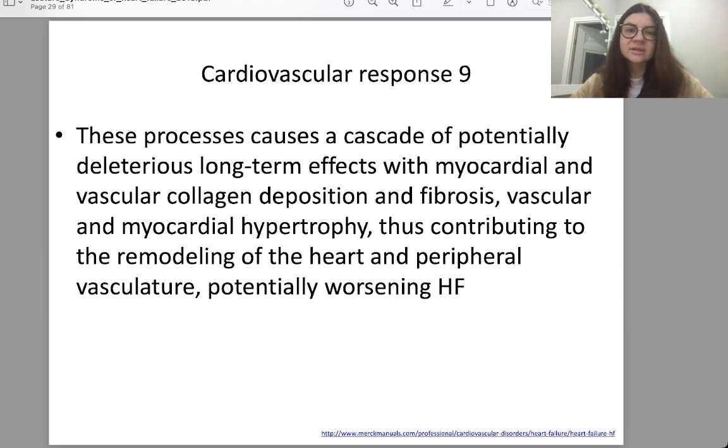These processes cause a cascade of potentially deleterious long-term effects, with myocardial and vascular collagen deposition and fibrosis, and vascular and myocardial hypertrophy, thus contributing to the remodeling of the heart and peripheral vasculature, potentially worsening heart failure.